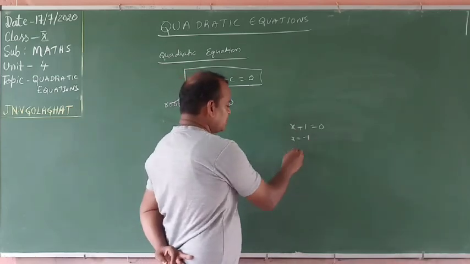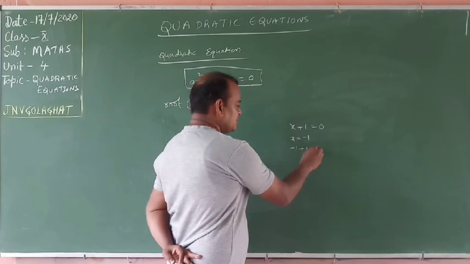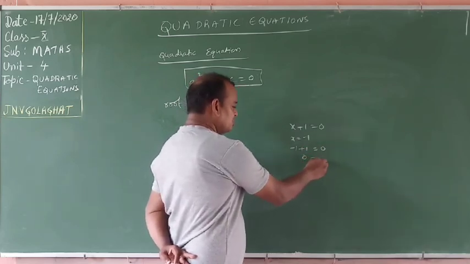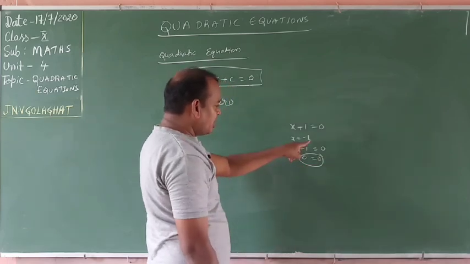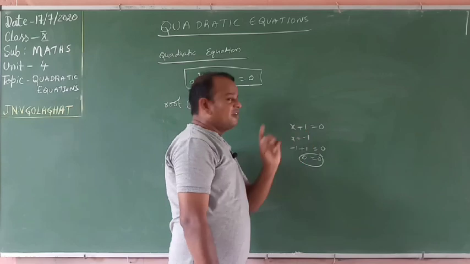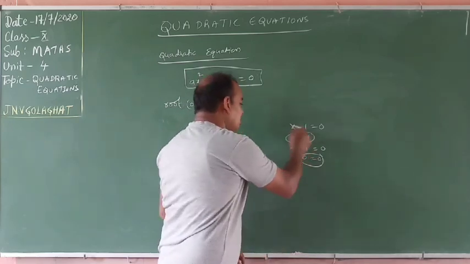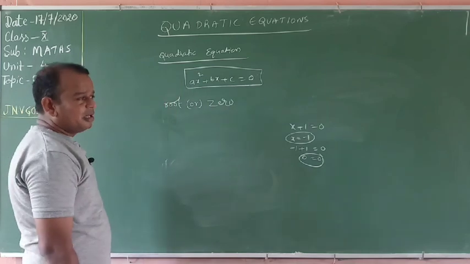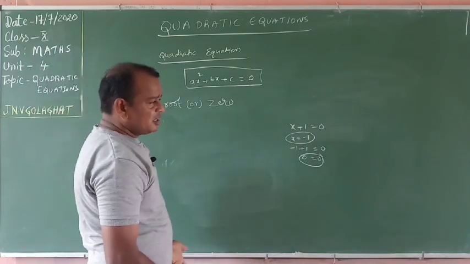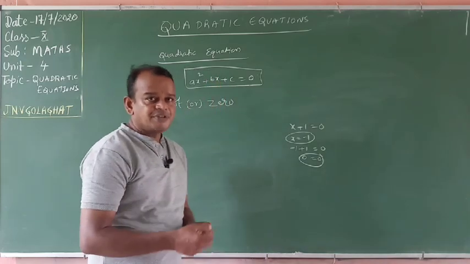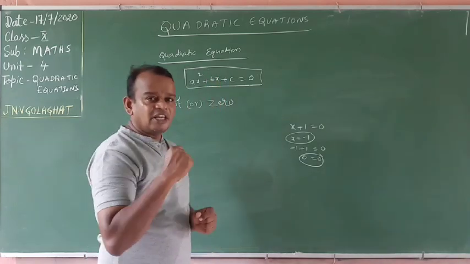Substituting, minus 1 plus 1 is equal to 0. It means x is equal to minus 1 satisfies the given linear equation. This minus 1 is called a root or zero of the polynomial. What is the definition? The value of x which satisfies the given equation.